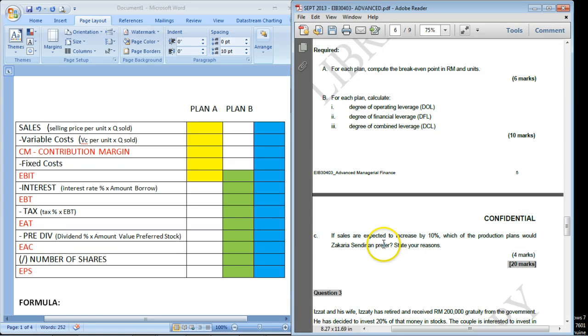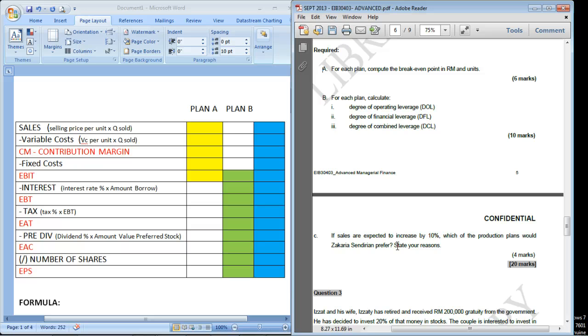The problem now: if the sales are expected to increase by 10%, what is the best production plan to prefer? The plan that you prefer is the one with higher DOL and higher DFL, so you need to calculate both. Sales increased by 10%, what happened to your EBIT? Using DOL. What happened to EPS? Using DFL. So DOL and DFL.